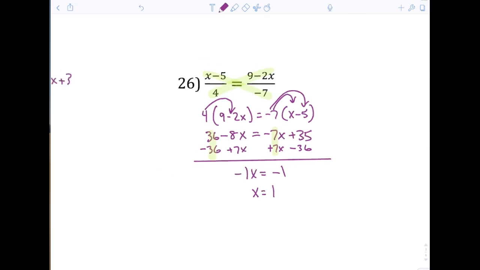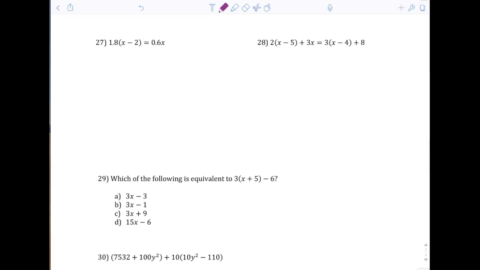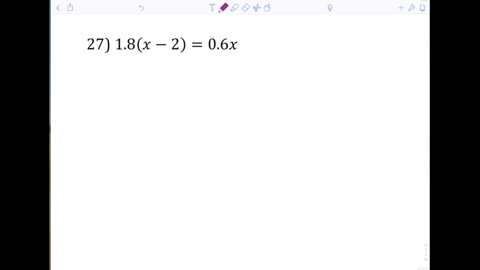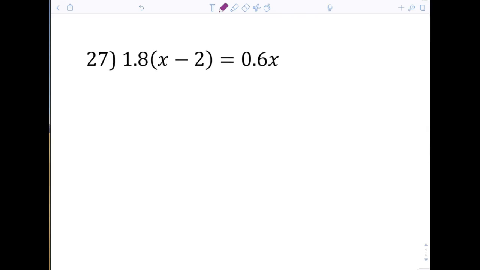All right, here we go. 27. Here's where we had problems with decimals. Now I want your eyes up here so I can show you something with the decimals. Look, to get rid of the decimal, you can multiply both sides by 10.